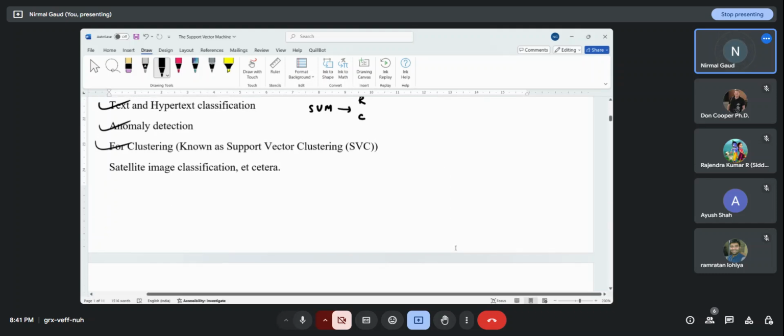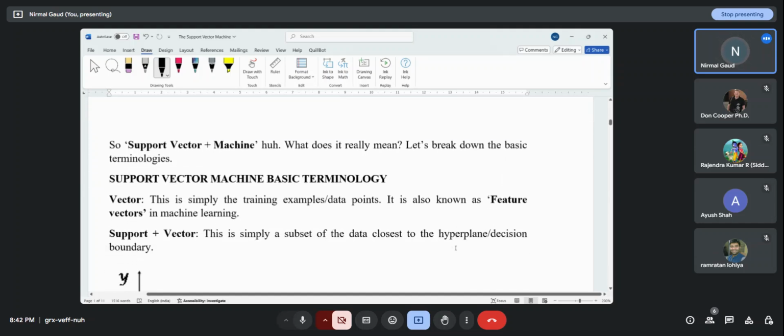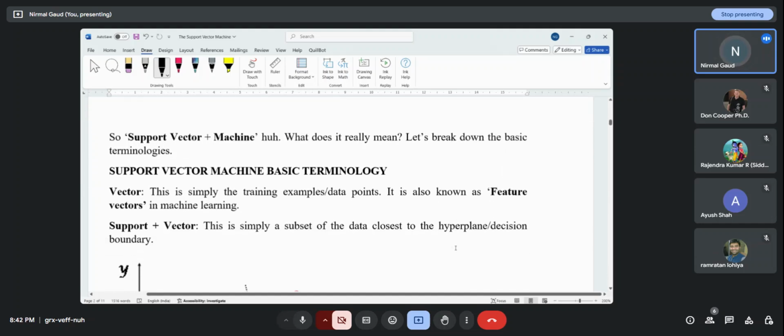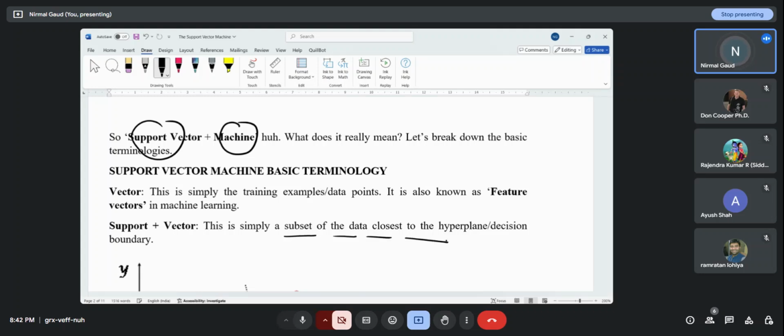Okay. So these are some applications, and I also told previously what support vectors are. We have support vector plus machine. So machine is a machine learning algorithm. Support vectors are the data points which define the class boundaries, and with the help of which we can have a hyperplane.